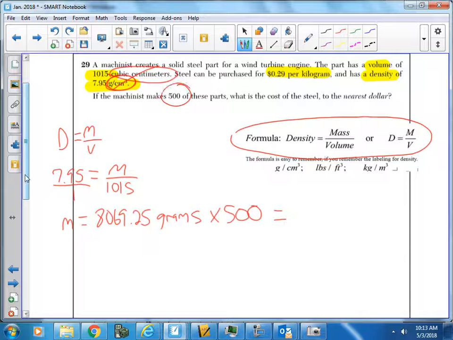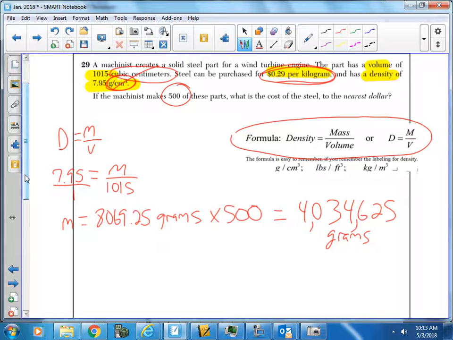And that's going to give us 4,034,625 grams. Now, the tricky part about this is that when they give us the price per unit, they give us price per kilogram, not per gram.